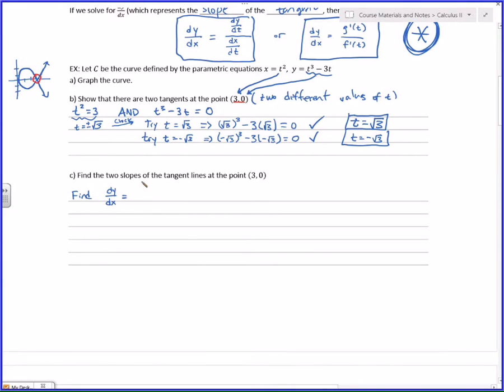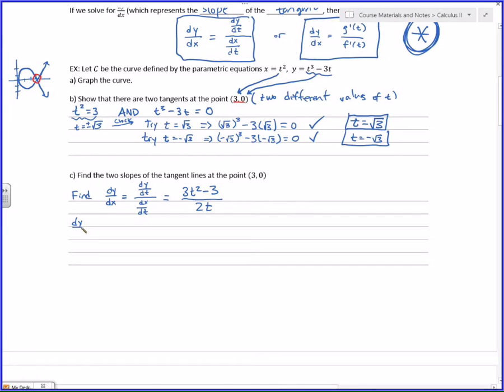Well, remember that's dy dt over dx dt. Slope of the tangent is dy dx. We find that by taking the derivative of the y over the derivative of the x. So derivative of the y, 3t squared minus 3, just taking the derivative of this, and 2t on the bottom.